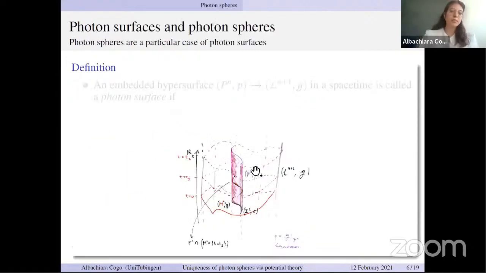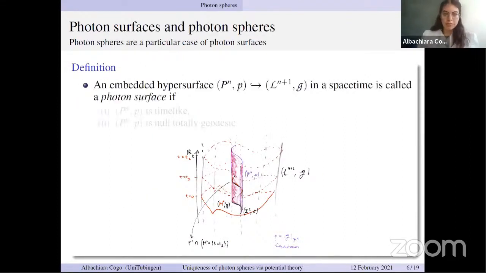Okay, now let's introduce the definition of photon surfaces and photon spheres. So a photon surface is an embedded hypersurface in our spacetime, such that it is timelike. I hope it's clear in this picture. Namely, the induced metric is still Lorentzian.